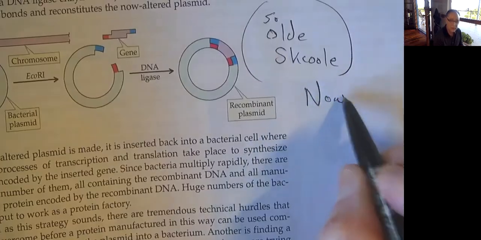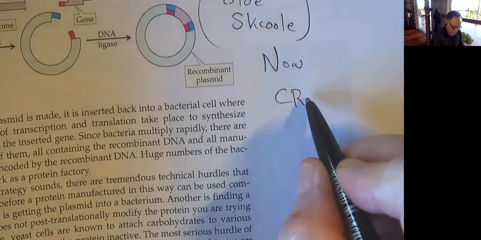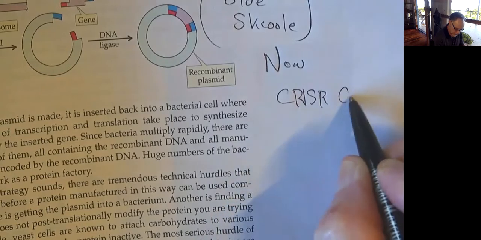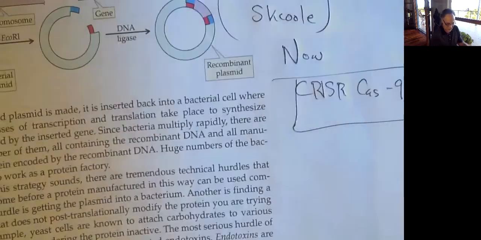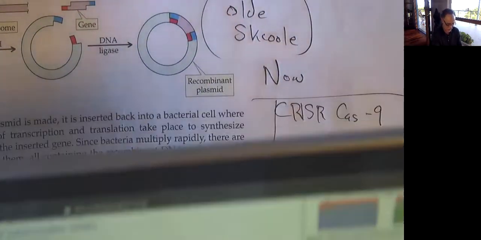Now, thanks to Jennifer Doudna, we've got CRISPR-Cas9. It's like a word processor. So let's just take a quick peek on Wikipedia here, or it can start in Google. I don't know how to spell it, just in case I don't spell it right.